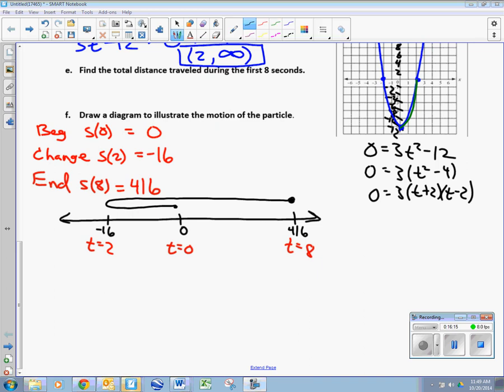Well, in the first 2 seconds, how many units does it travel? 16 feet plus, after that, it goes from negative 16 back to 0, which is 16, and then it goes from 0 to 416, which is 416. So if you add all those up, you get 448 feet.